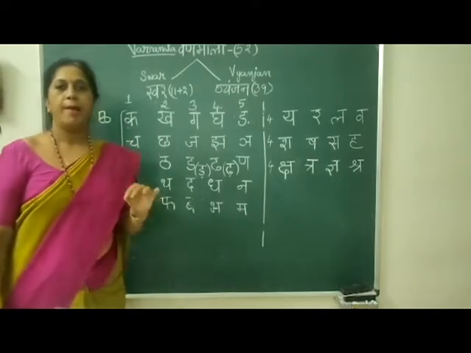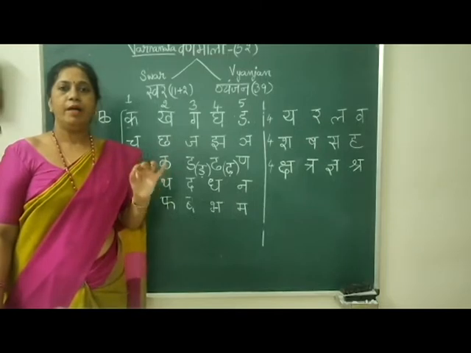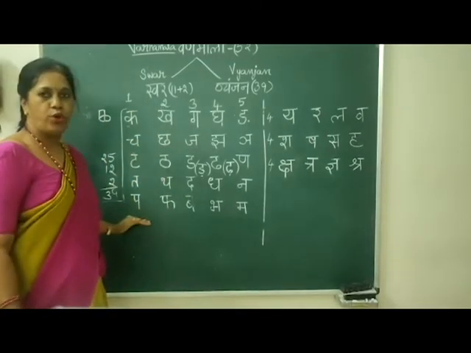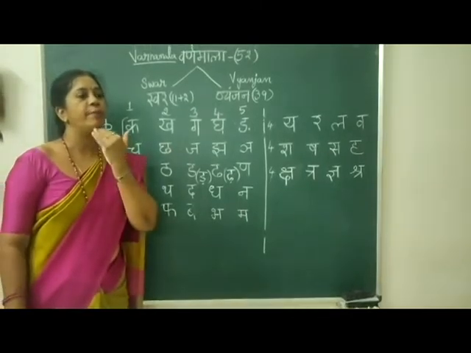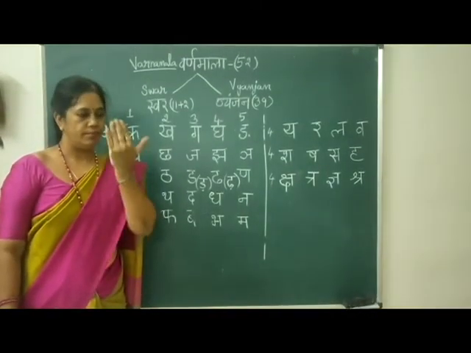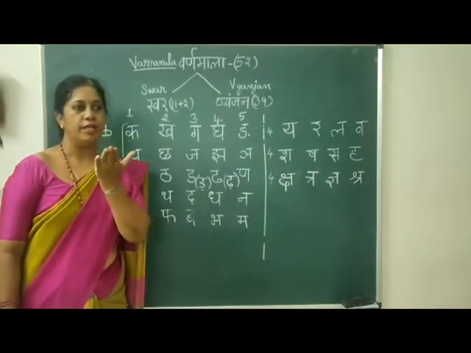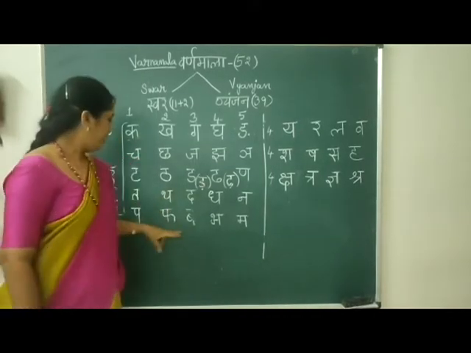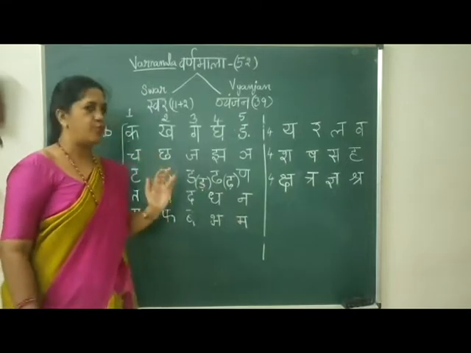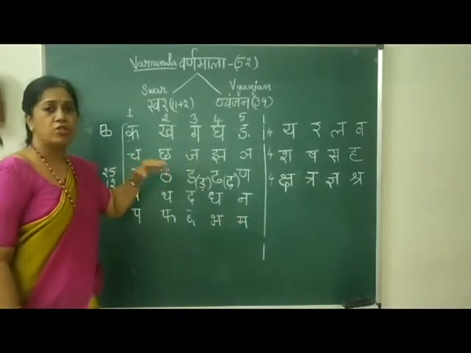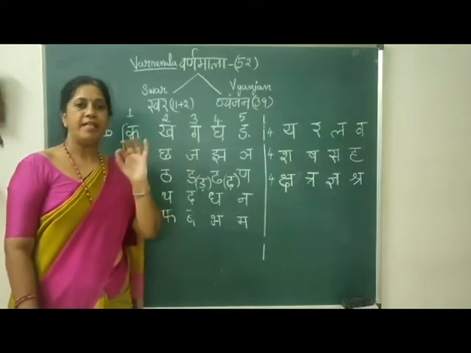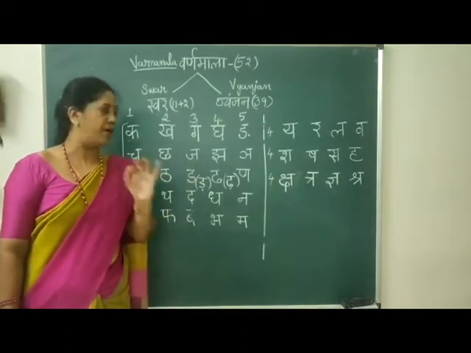So here you say pa, pa, ba, ba, ma. So if you see each row, it will be sounding from one part of the mouth, from the neck to the lips. It starts here and it ends by closing the lips. So that is how it has to be pronounced. Each row has got a place to pronounce. If you pronounce it according to that, definitely your pronunciation will be perfect.